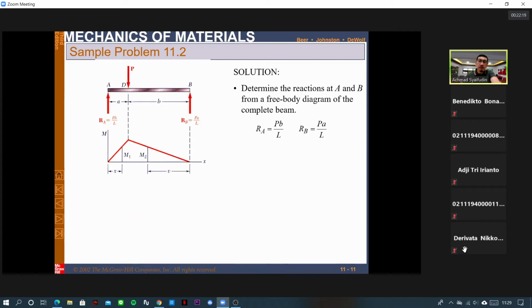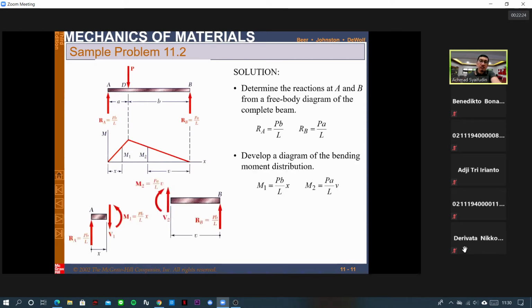First of all, you have to identify the support reactions. After that, you have to draw the moment diagram. You can use the section method, one section between A and D, and the last section between B and D. So you will get this moment diagram.